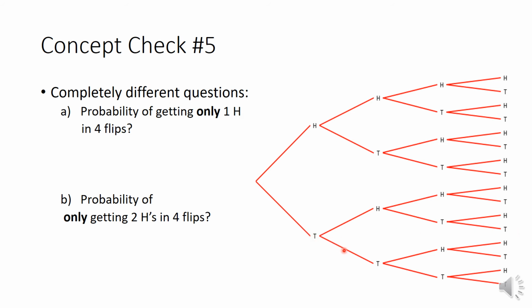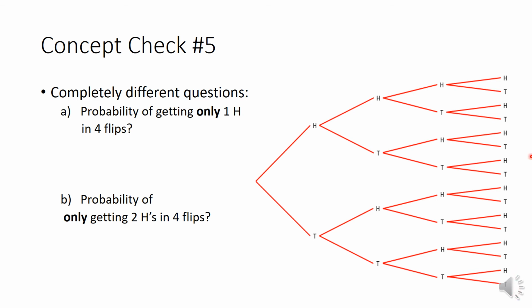Another one is we flip tails the first 2 times, and on the third time we get heads. So the third possible sequence is tails, tails, heads, tails. And the last possible sequence is tails, tails, tails, then heads.